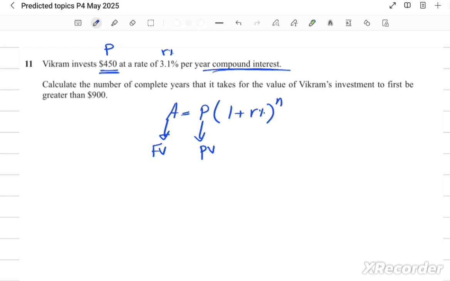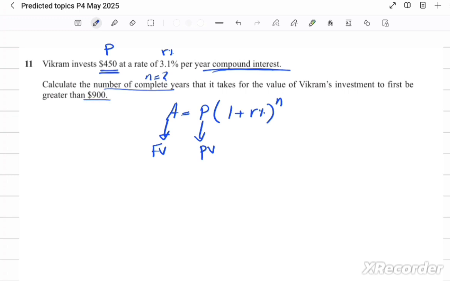So we are going to use the compound interest formula, the one that's already in front of you. Calculate the number of complete years. So now we need to find n: what n does it take for the value of Vikram's investment to first be greater than 900?